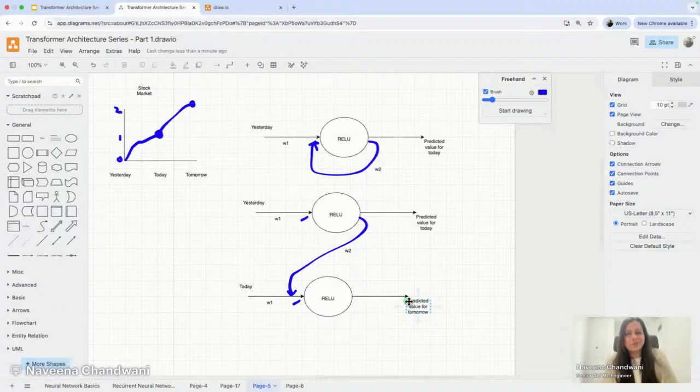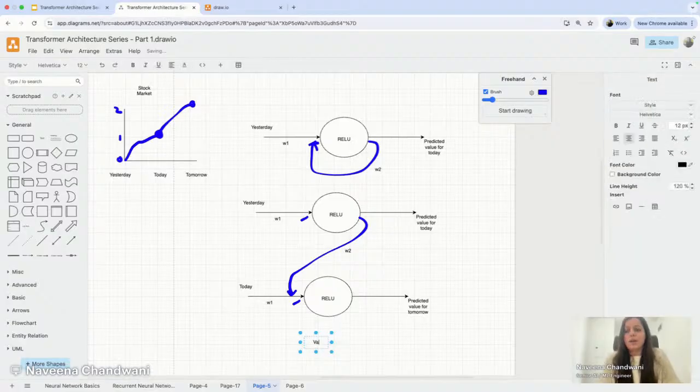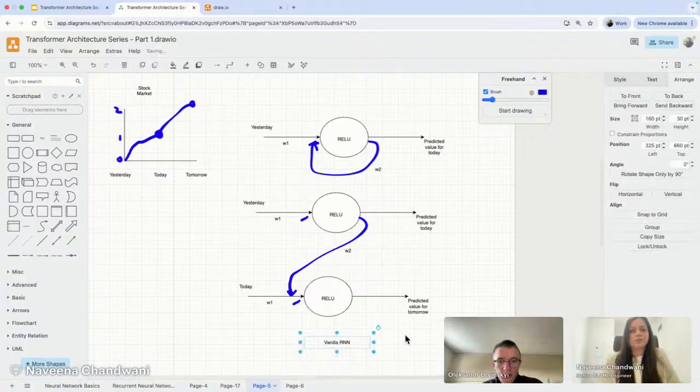So we already knew the price for tomorrow, and we instead wanted to predict the price for the day after. And we can do that. So we create another such loop here, and we feed in tomorrow's value and then predict the value for the day after. And so this operation here is referred to as unrolling the network. And with this, what we have here is our vanilla RNN, vanilla recurrent neural network.